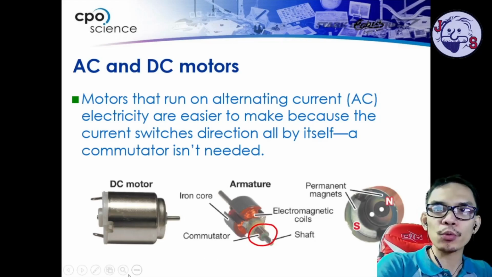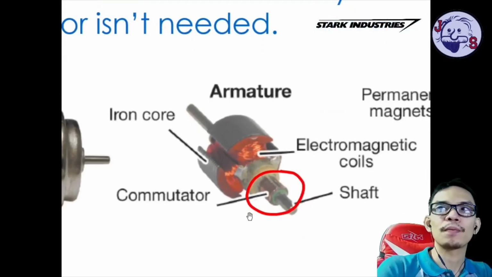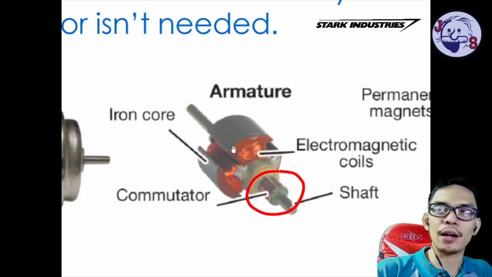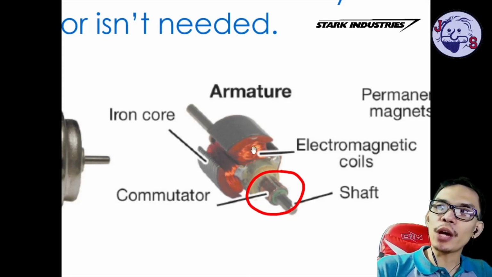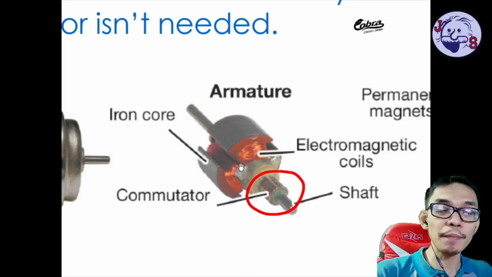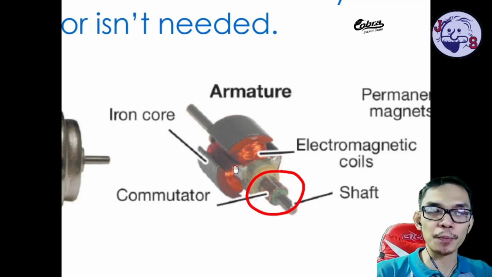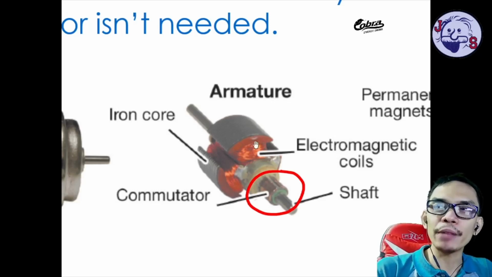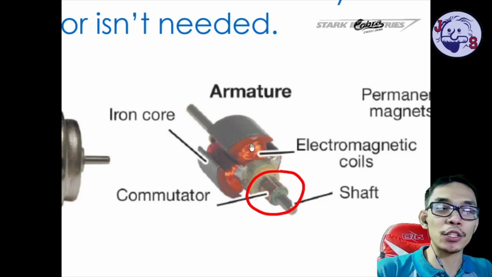Now, if we zoom this one in, as you can see here, you have 3 electromagnetic coils. As we discussed on the first part of the video, the solenoid is very important inside the mechanism of your motor.